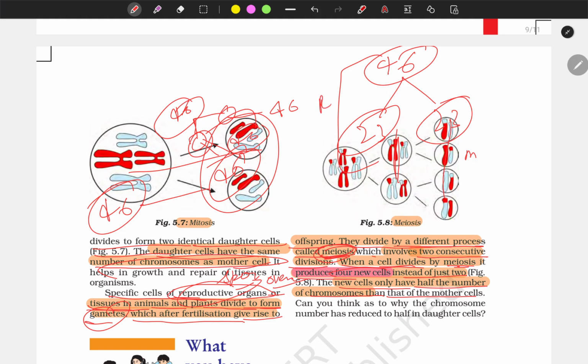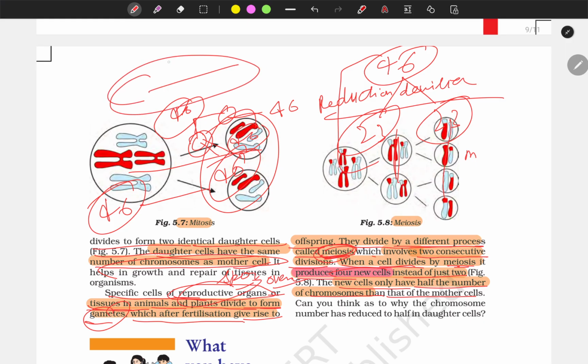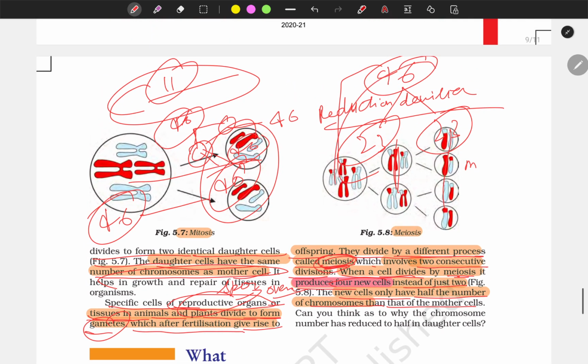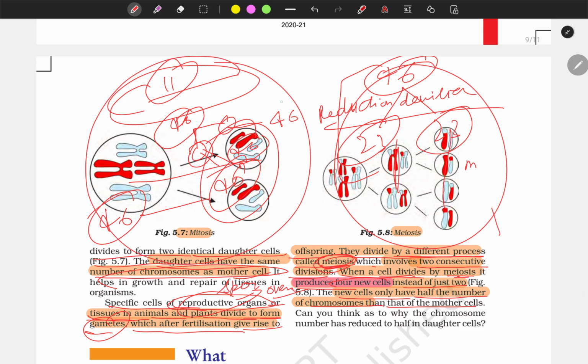The other is a non-reduction division, which has a different name. I think we will study this in class 11th. So meiosis happens only in the reproductive cells, and the rest of the cells divide the other way.